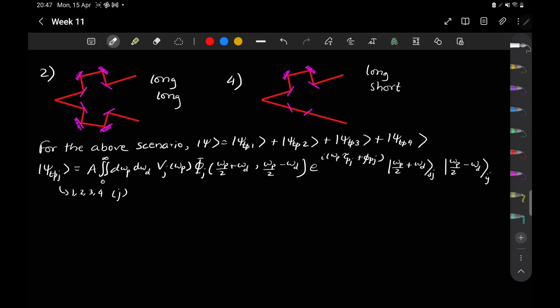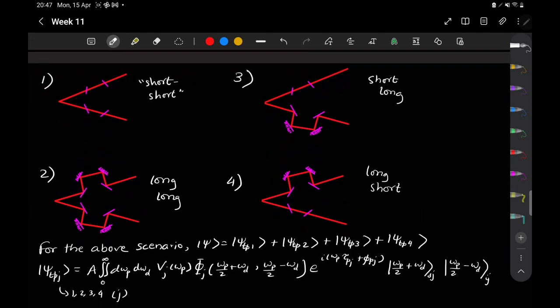These are values for j. These basically represent these paths 1, 2, 3 and 4.